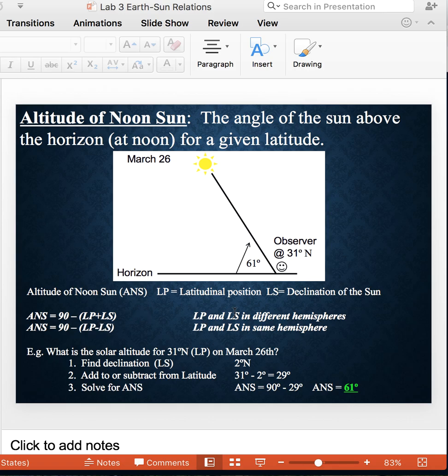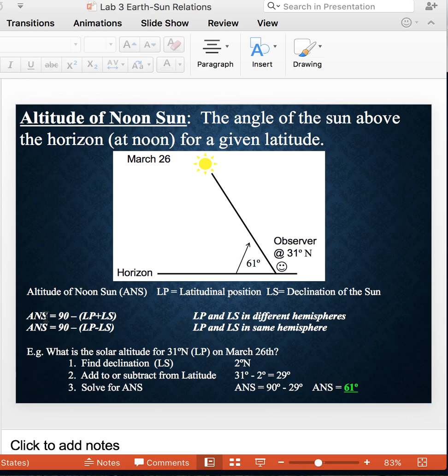Those are the problems. When your latitudinal position and your LS are in different hemispheres, so your LP is in the northern hemisphere and your LS is in the southern hemisphere, you're going to use this problem right here. Say our latitudinal position is 31 degrees north, and our LS, the declination of the sun, is at the bottom, down near Brazil.